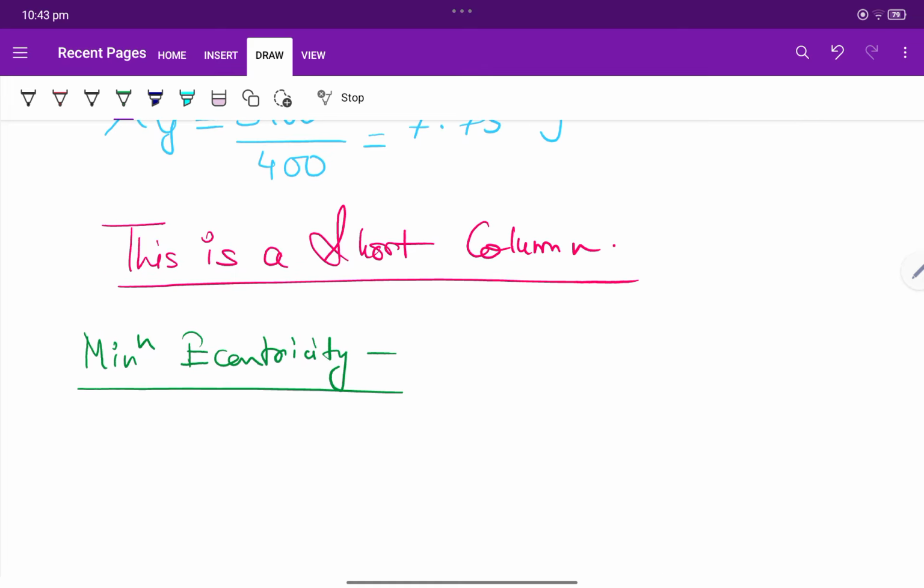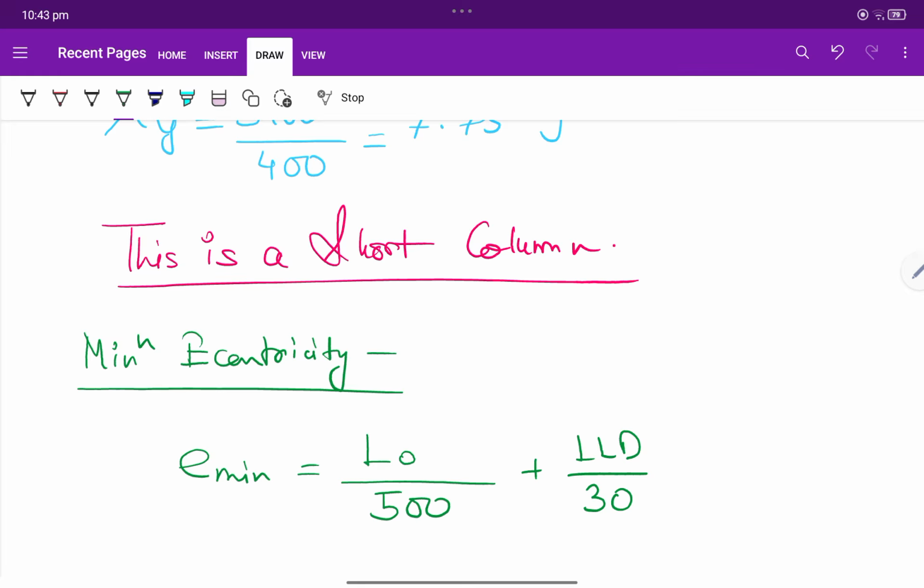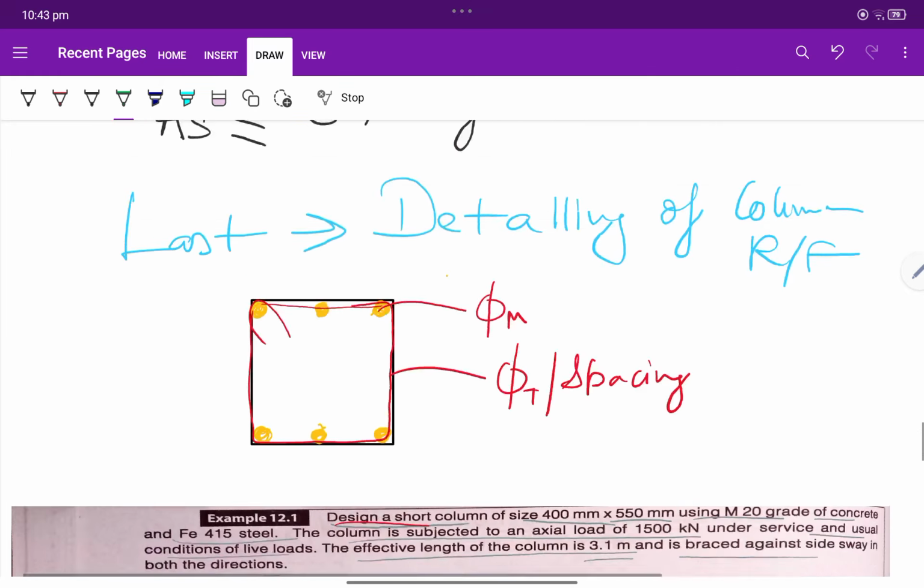E minimum is equal to L naught divided by 500 plus D divided by 30. You can check it once.